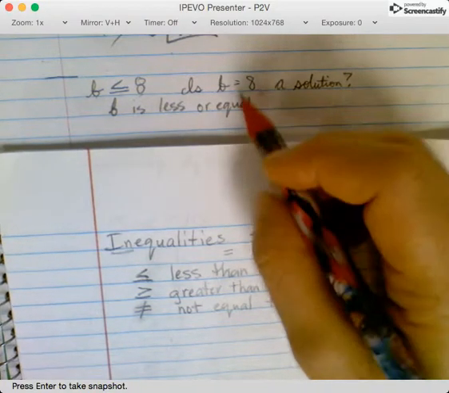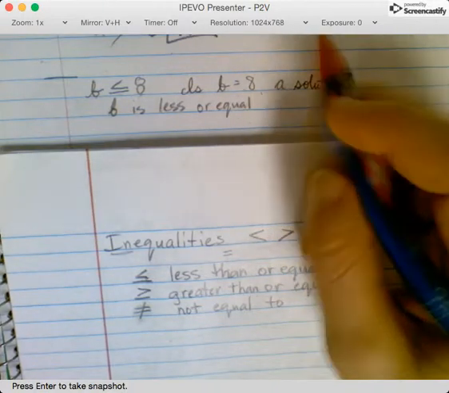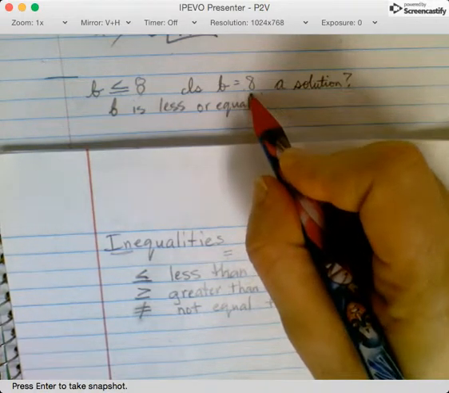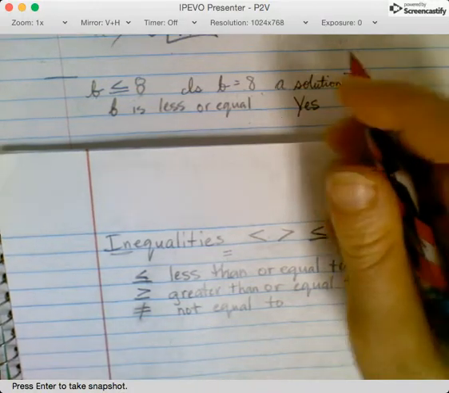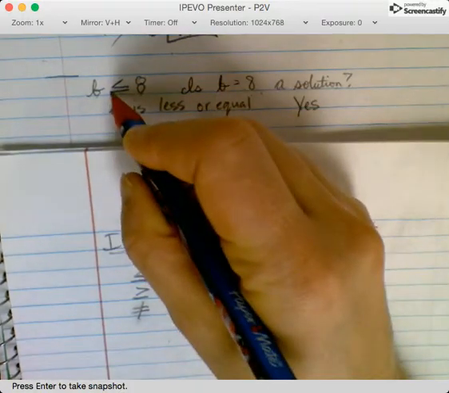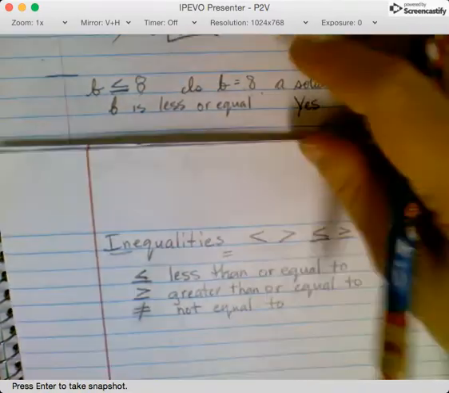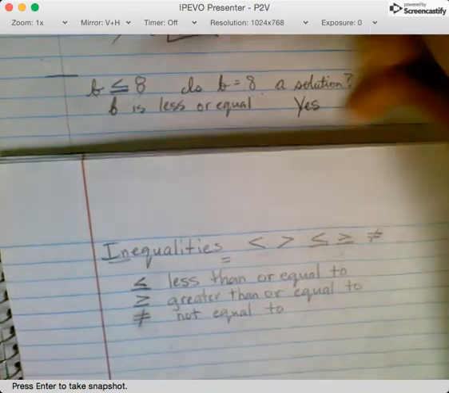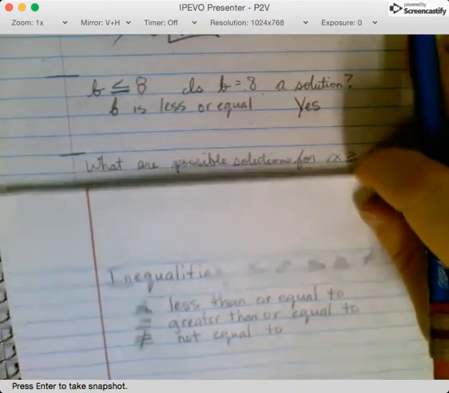It could be smaller than 8, like 7, 6, 5, 4, 3, 2, 1. But b equals 8 is a solution. Since that line is under there, yes, it could be a solution. If it did not have the line, then 8 could not be a solution, because it can only be equal if it has the line under it.